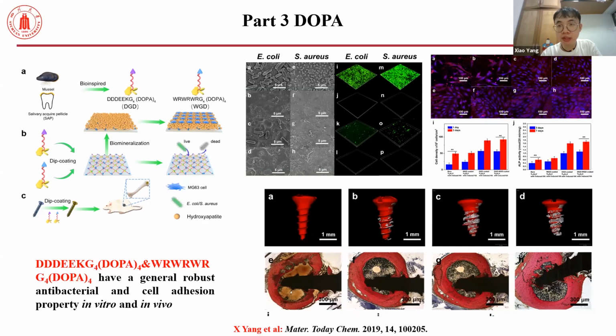They can kill the bacteria by breaking the membranes of the bacteria. That is the chemical part. We also endow the surface with superphobicity, because it is very hard for cells to adhere to the surface, and it can be used as an antibacterial.